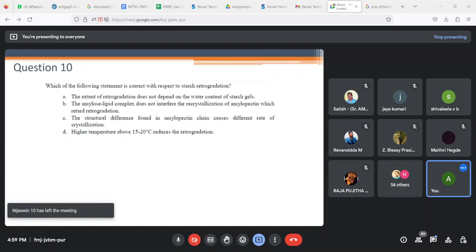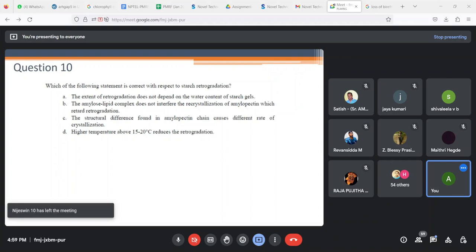So any clue what retrogradation is when it comes to starch? Reduction of temperature. So once your starch forms a gel or so, sometimes it has the ability to reassociate and recrystallize.